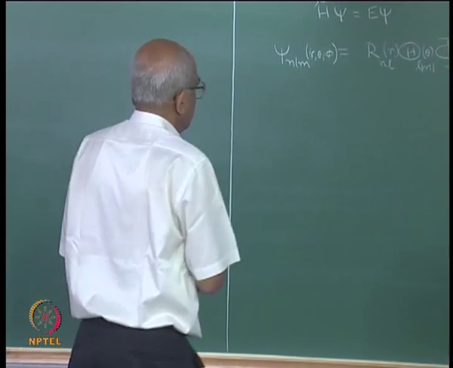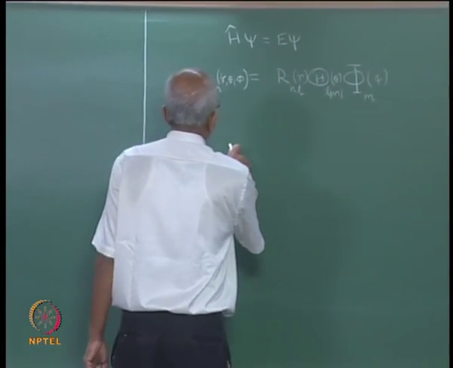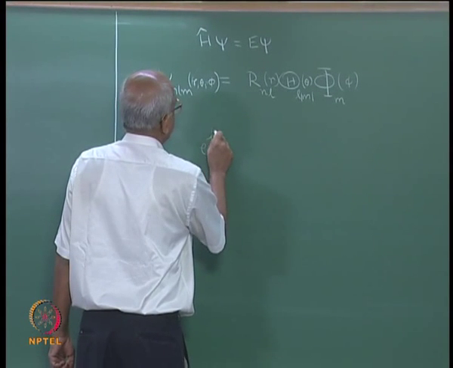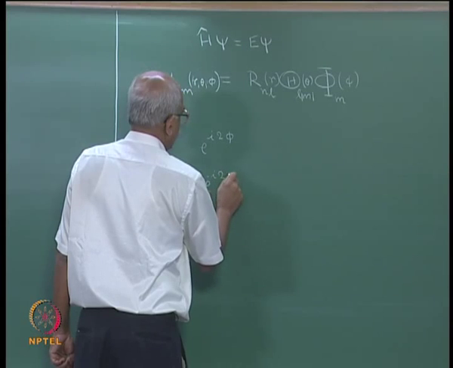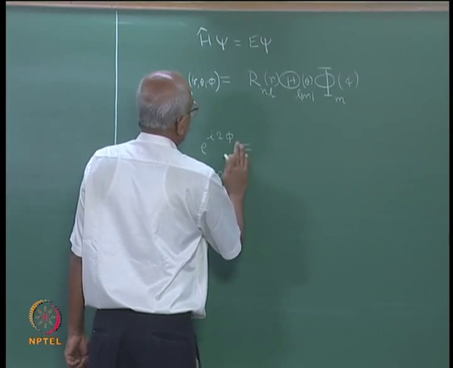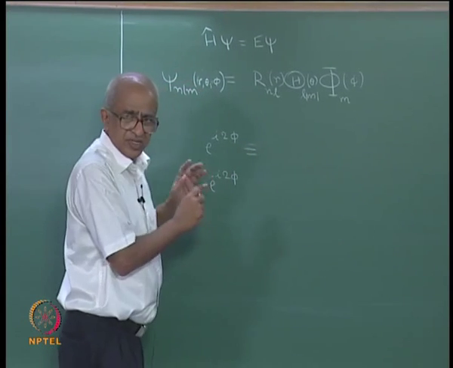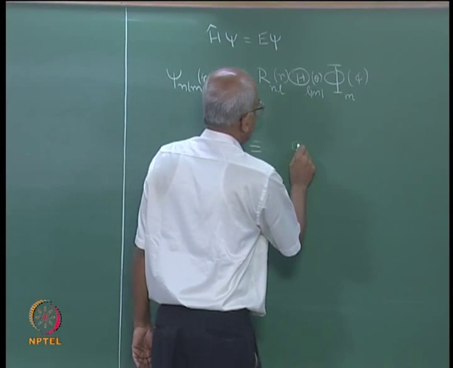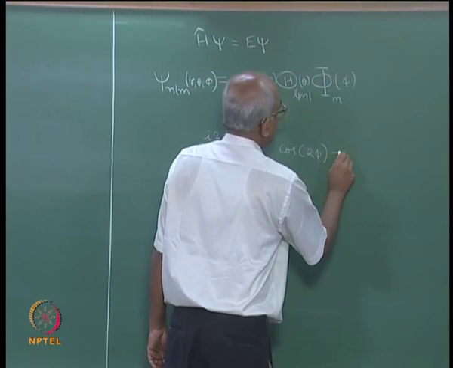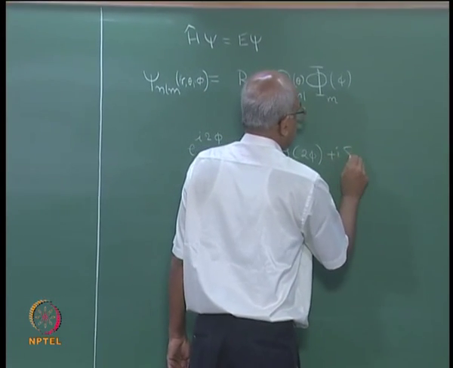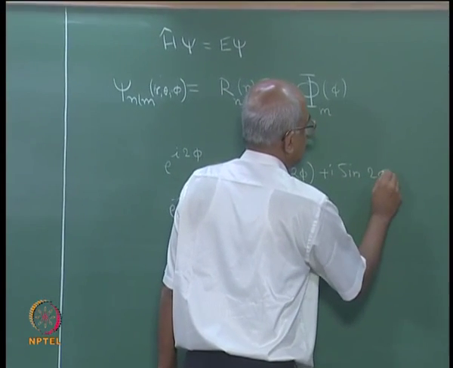Let me make it a little bit clearer. If you had m equal to plus or minus 2, you are going to get e to the power of i 2 phi or e to the power of minus i 2 phi. But e to the power of i 2 phi actually contains the cosine of 2 phi plus i sin 2 phi, right.